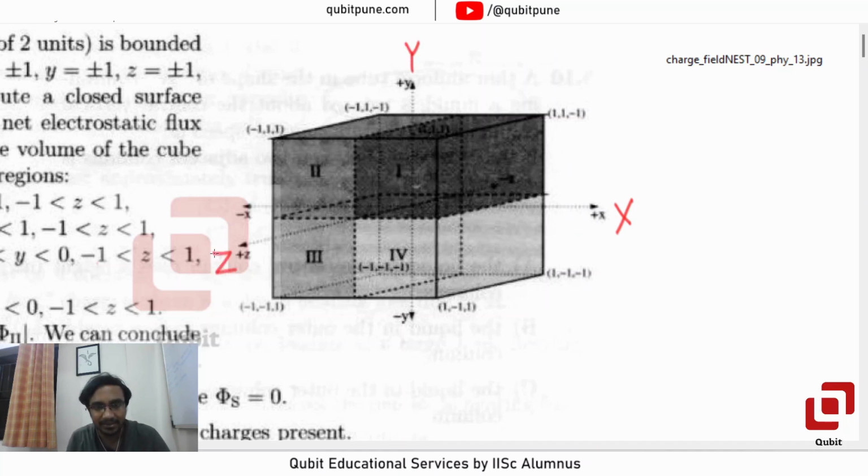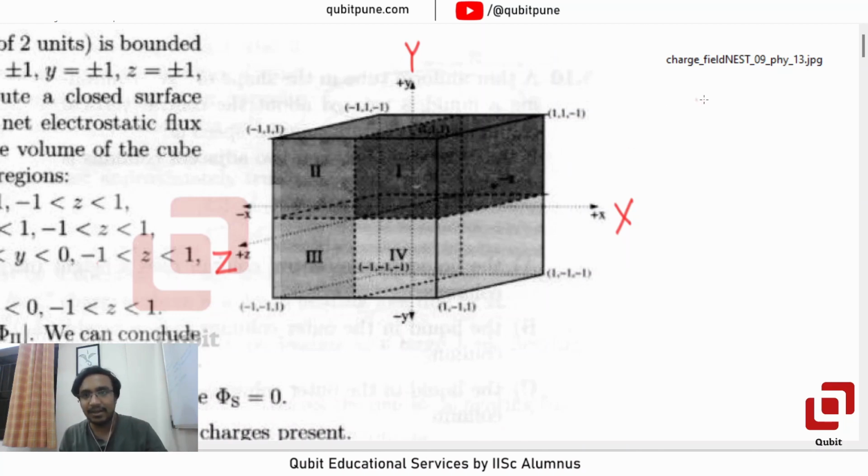And what they have done is they have divided this particular cube into four pieces, which have the xy plane as their mid plane. Have you visualized it?